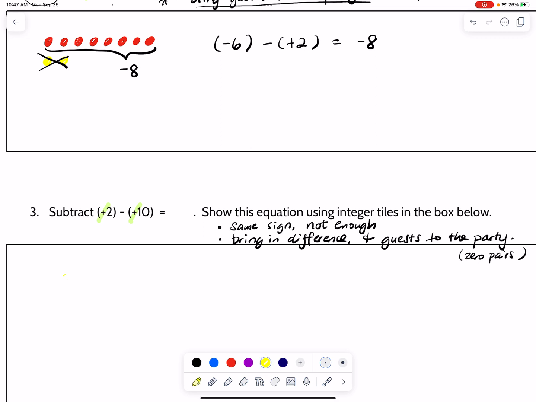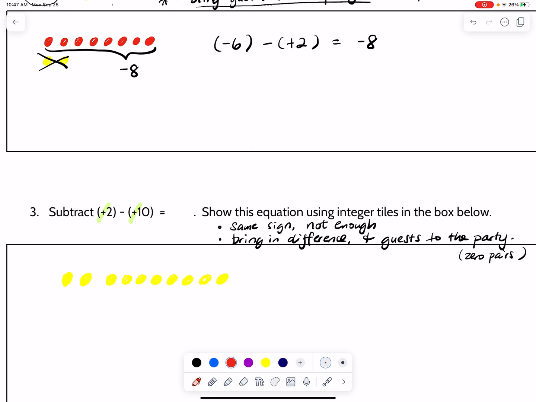Okay, start off with representing +2, which I have here. Now, because it's the same sign, you just need to bring in the difference to get to +10. So you're going to add in 8 yellow tiles. 2, 3, 4, 5, 6, 7, 8.